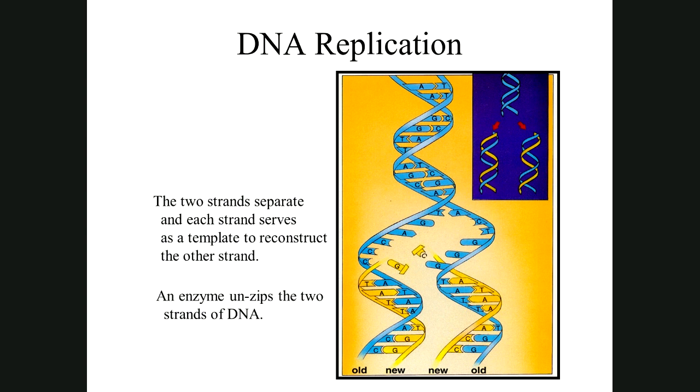So the original strand's blue, and the reconstruction of the missing strand is yellow. An enzyme unzips the two strands of DNA, which we'll look at in just a few slides. But you see this when DNA is copied, the two, which we have called sister chromatids, have one original strand and one new strand for each one, and they're held together by the kinetochore, right?